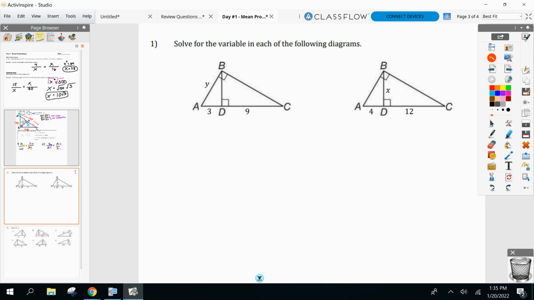The difficult part of me giving you Hills and SAS, which one do I use? Let me give you an easy question to ask yourself every time before you start. Is the altitude involved? Is it labeled or do I have to find it? Is it involved at all? No, it's not.